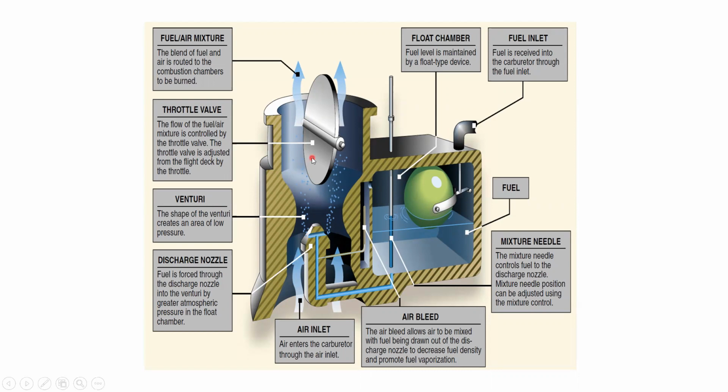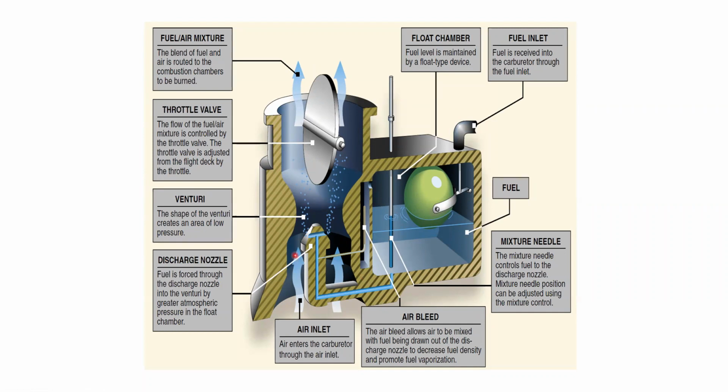That's how it works. How much fuel goes into the system is controlled by this throttle valve, because the way it opens and closes changes the vacuum inside the intake manifold, controlling the amount of fuel that goes in.